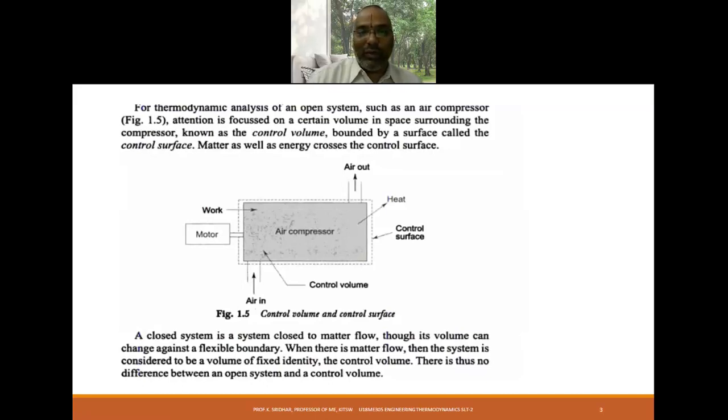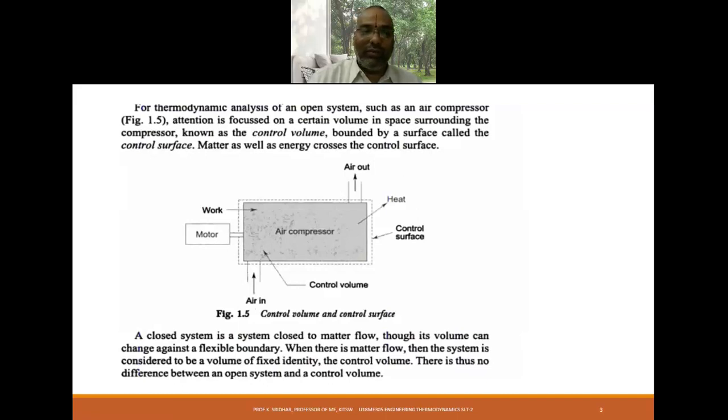Here let us take one example, an air compressor. In the air compressor, we send the air in this form, and for our purpose, whenever we want to retrieve the energy, the air is taken out of the compressor like this. To run this air compressor, it should be connected to the motor by means of a shaft.